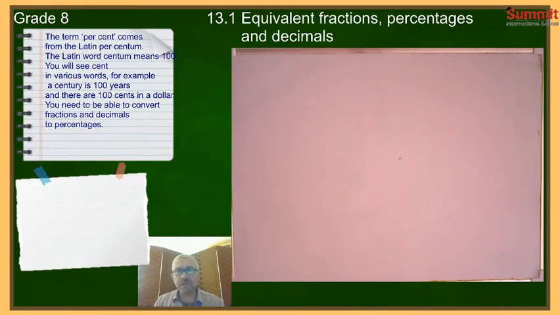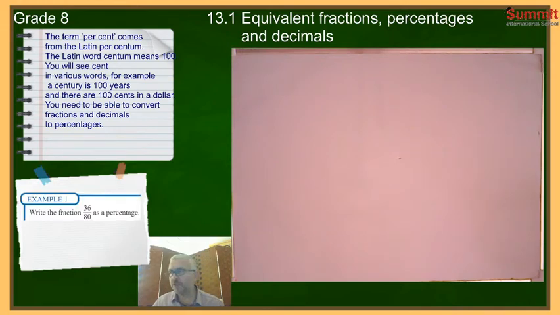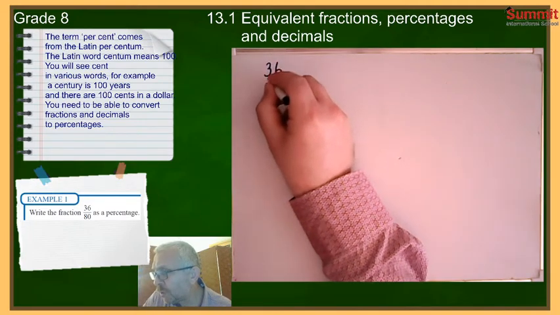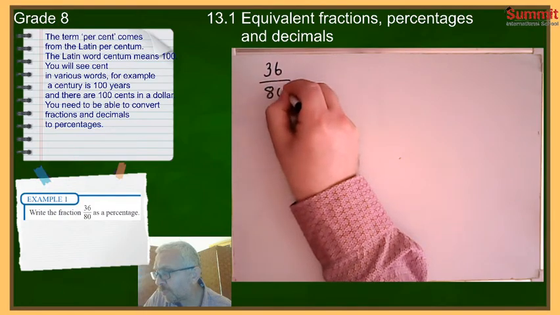Now let's start to solve our first example. Write the fraction 36 over 80 as a percentage. Here we have 36 over 80.